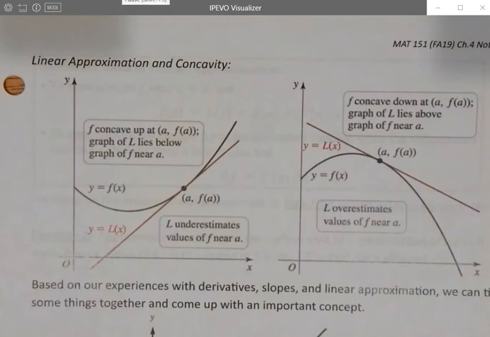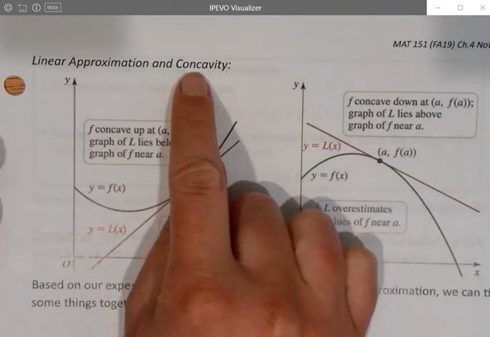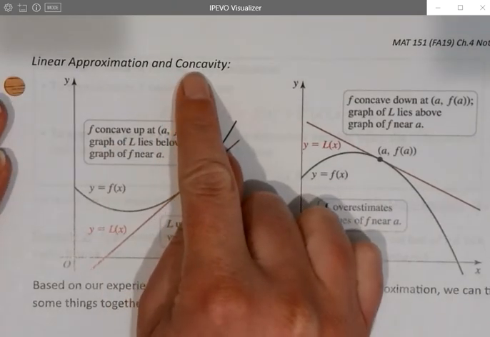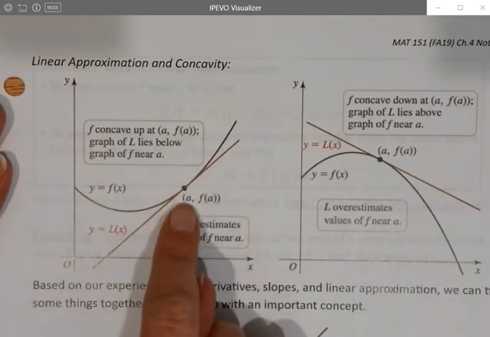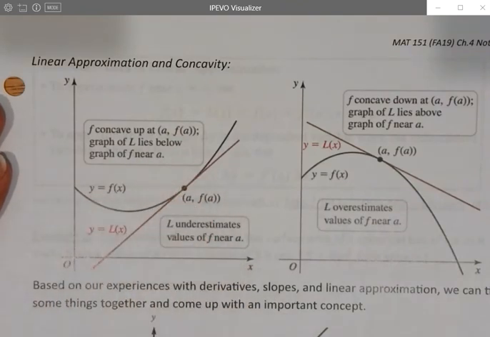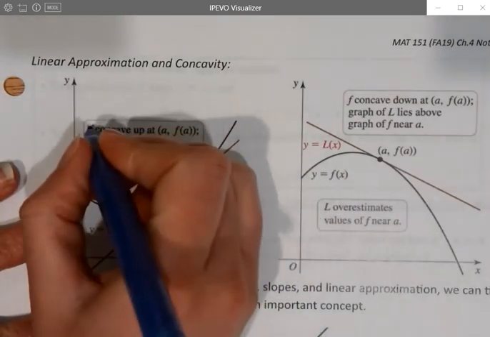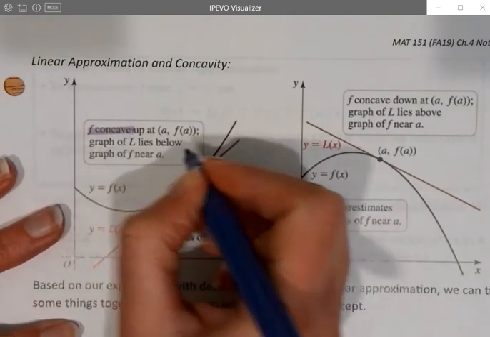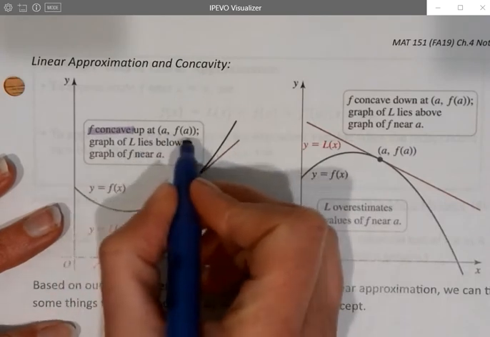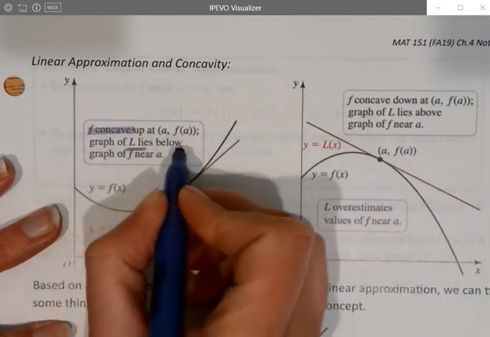If we put together what we know about linear approximation and what we know about concavity, we can get more information about how the actual value is going to relate to the approximate value. So for example, if your function is concave up, then you know that your actual value is going to be above the graph, aka the graph of L lies below.